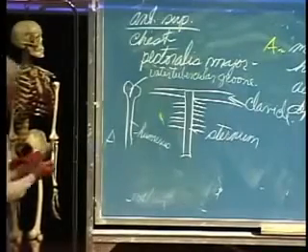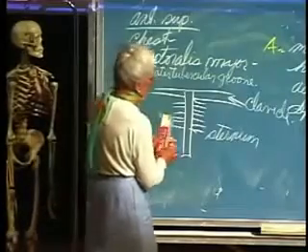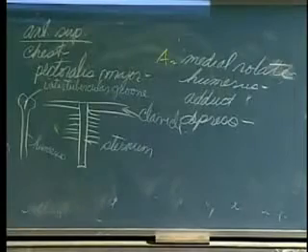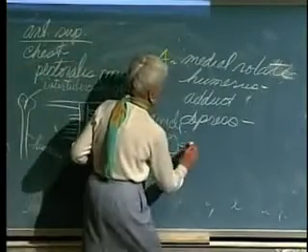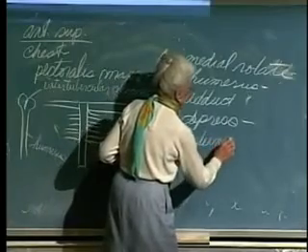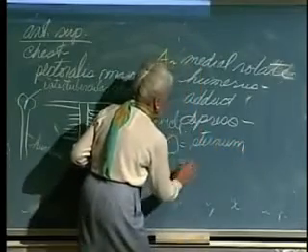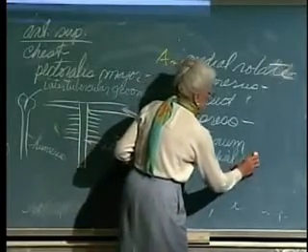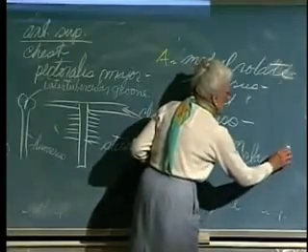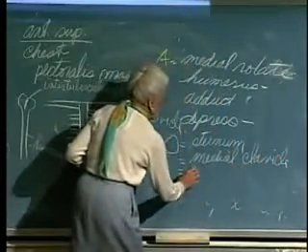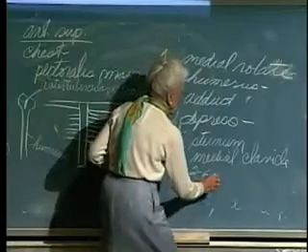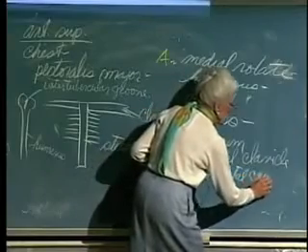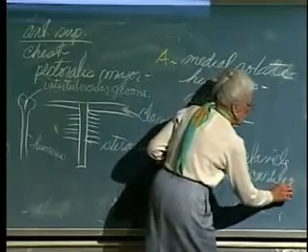Let's give them pink this time for something different. So we're going to have origin. Origin will be the sternum, medial clavicle, and 2 to 6 costal cartilages. Review.